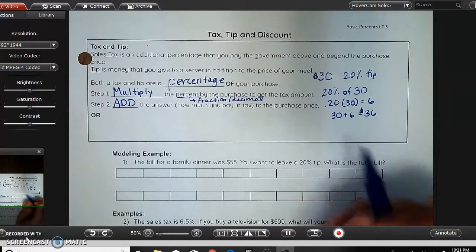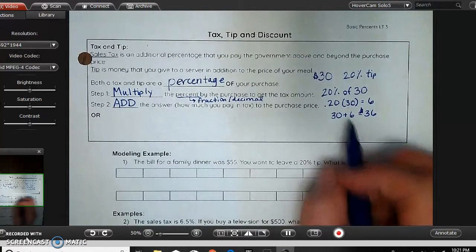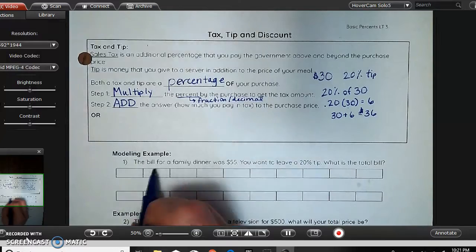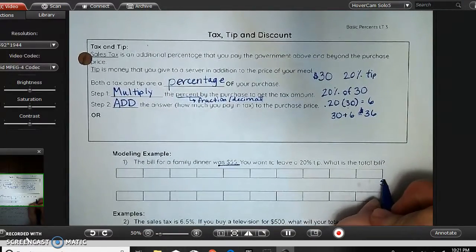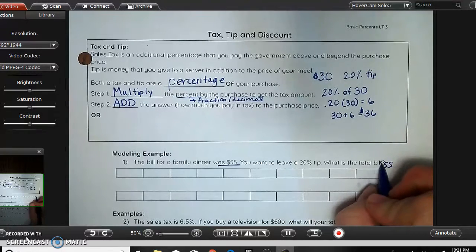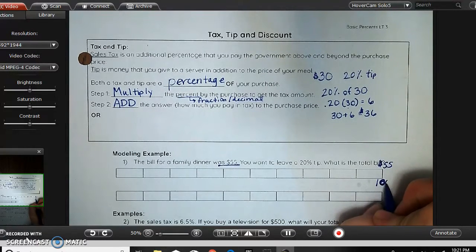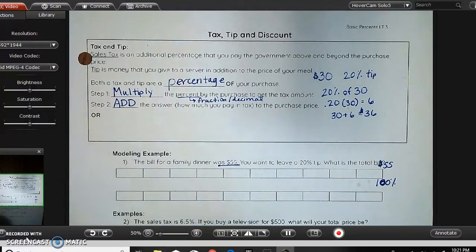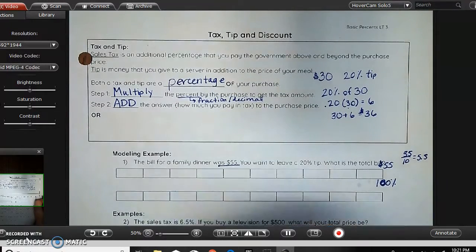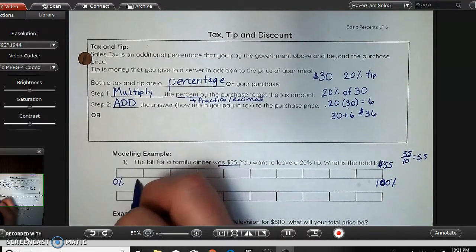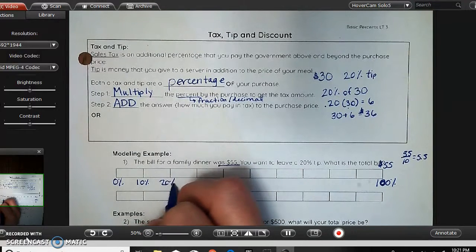And when I'm showing that on here, what I just did here with the bill for this family dinner was $55. And so I would say this was $55, and that's 100% of it. And I would do then 55 divided by 10 to see what I'm going to count by, and I get 5.5. So this is 0%, 10%, and 20%.